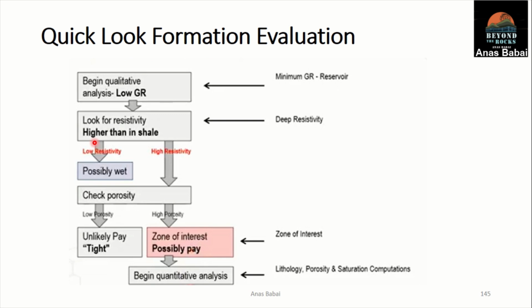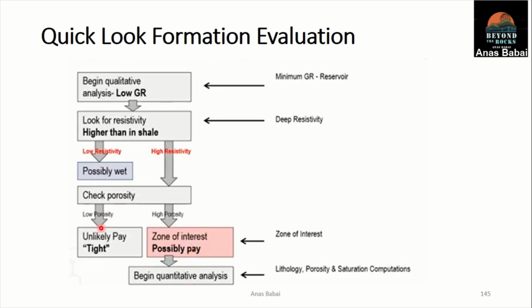And why high resistivity? Because hydrocarbon resistivity is always high. So if we find low resistivity, that means it's possibly wet because it contains formation water, and we said that the formation water is highly conductive, so it will be low in resistivity. While if we find a high resistivity zone, then we will go and check porosity.